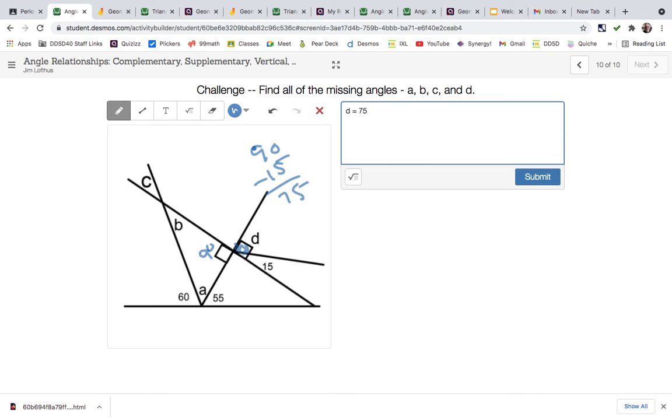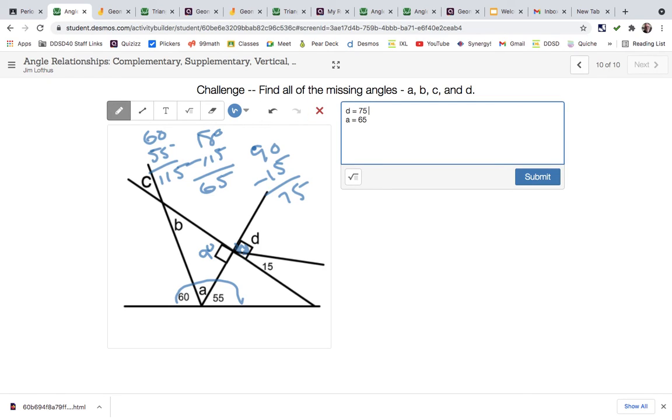And let's see, A is, this is a straight angle right here. So 60 plus 55 is 115. 180 minus 115 is 65. So A is equal to 65.